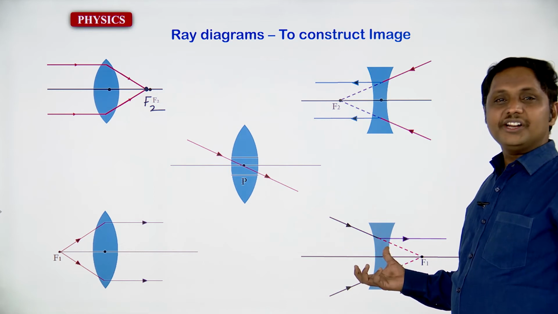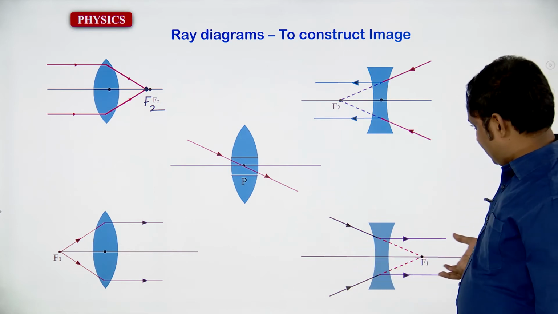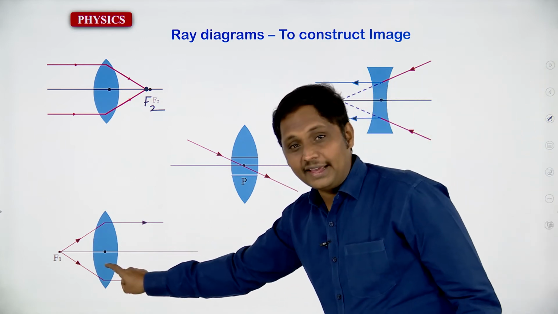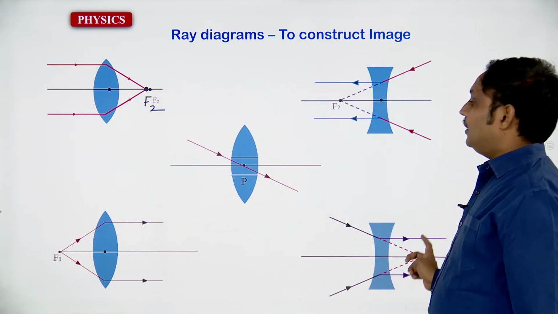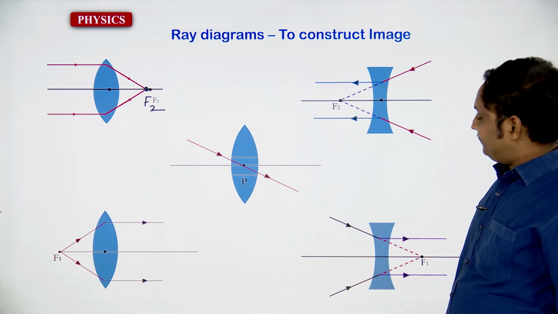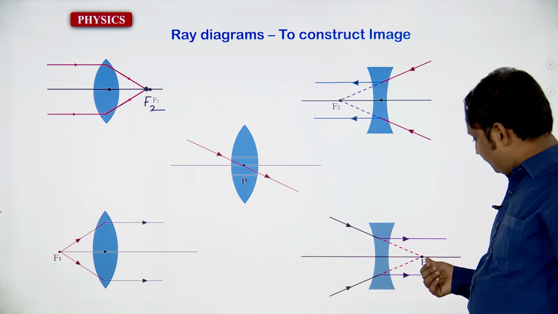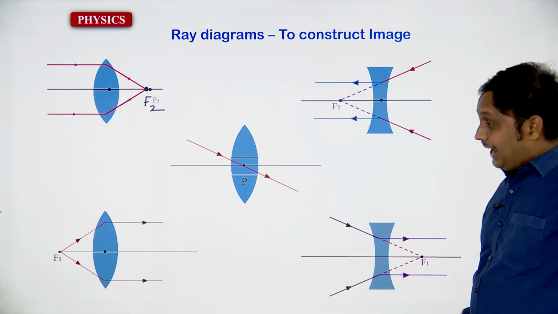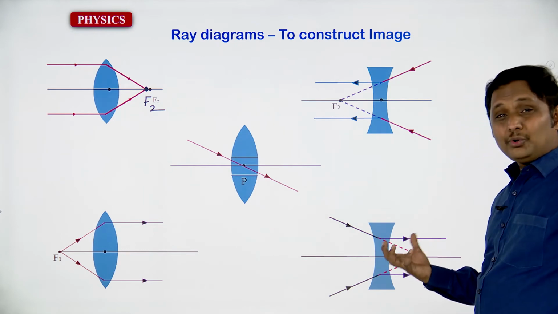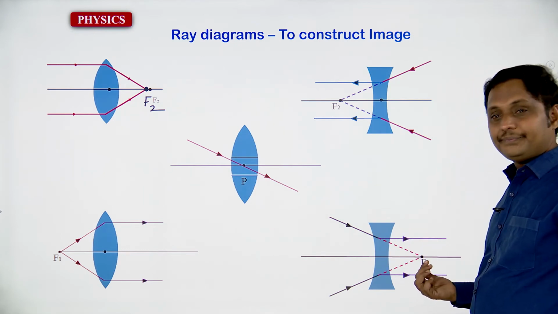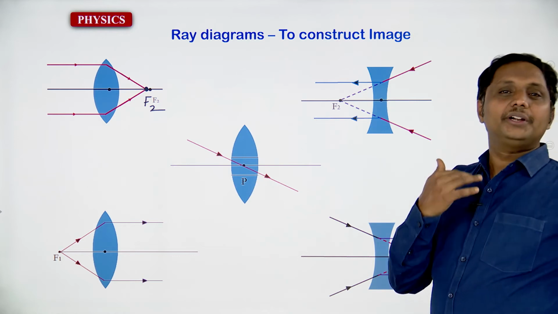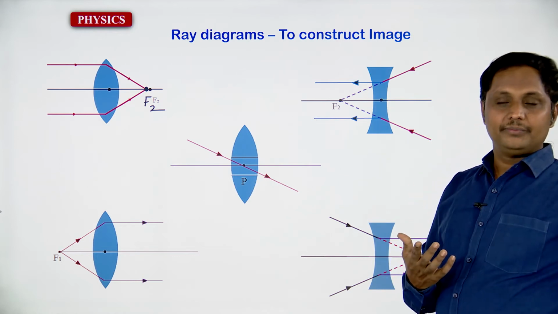You have observed this in case of convex and in case of concave. They are about to meet at this point. Actually they originate from F1, but here they are about to meet at F1. This is the identification of the first principal focus.